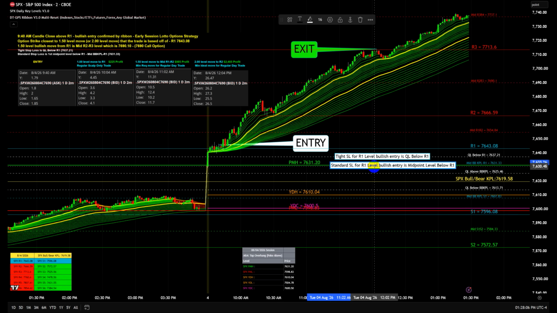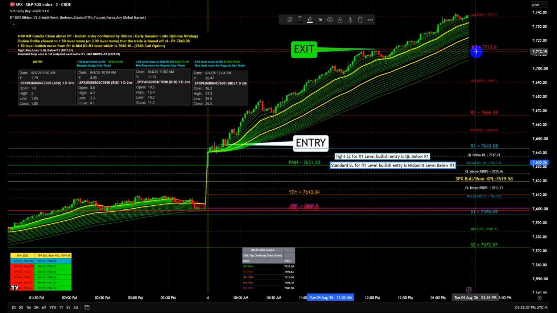You still have the same stop losses that you would have with the standard daily key levels option strategy that we looked at earlier. You're just changing the strikes. So you're taking the 1.5 level move target. In this case, it's mid R2, R3. That's 1.5 level moves away from R1. 76.90. So that's going to be the 76.90 strike.